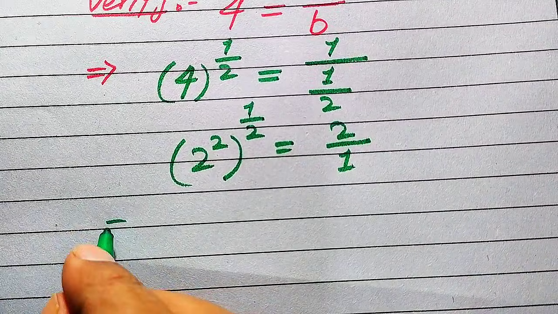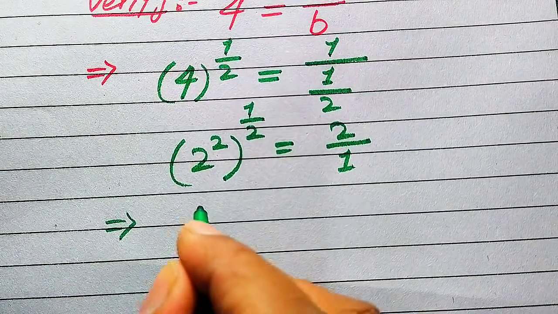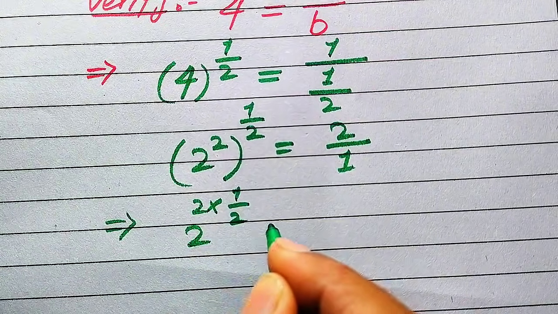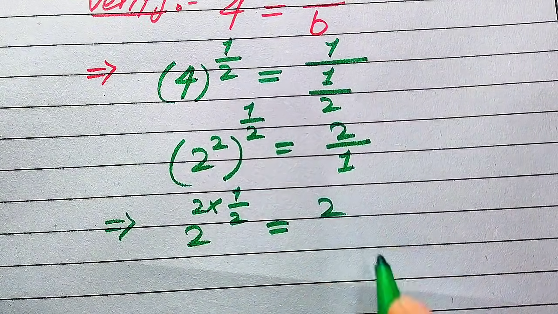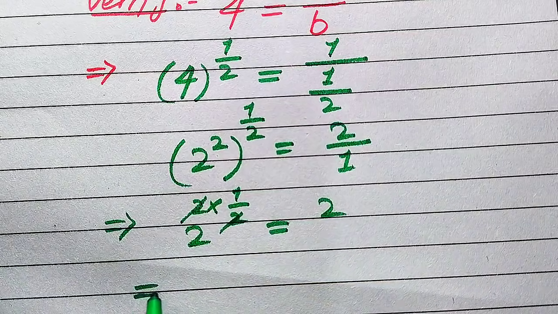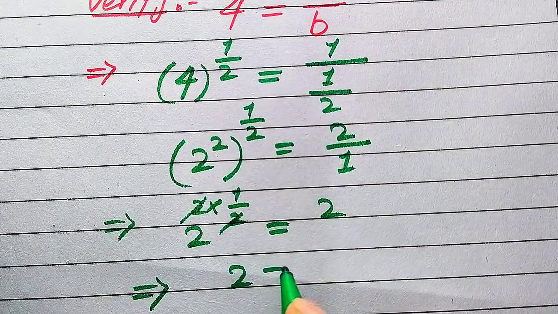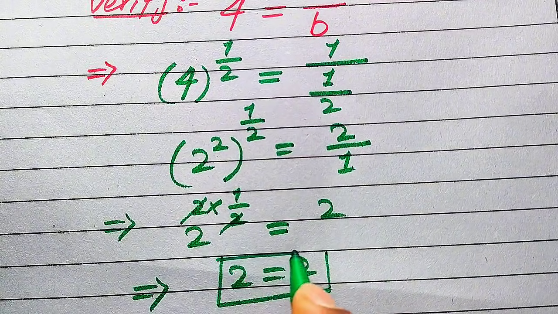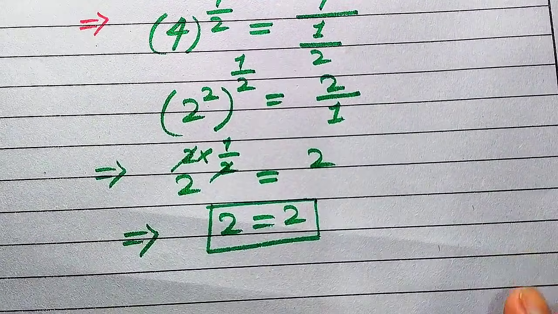And here on the left hand side we again use the nice exponential law and we write it as 2 to the power of 2 multiplied by 1 over 2 is equal to, on the right hand side, only 2. So these 2 and these 2 are cancelled out by each other and we get 2 is equal to 2. This means that both of the sides are equal.